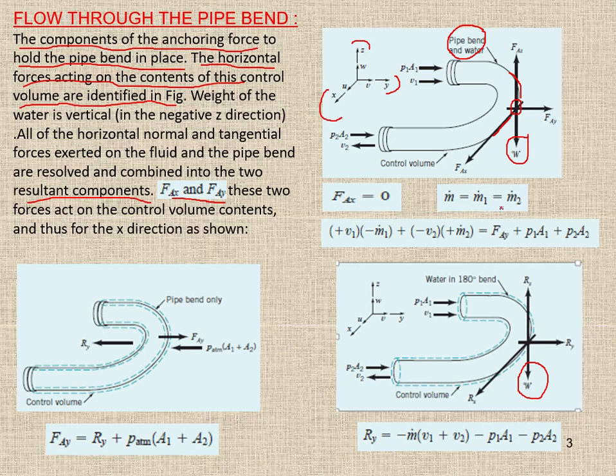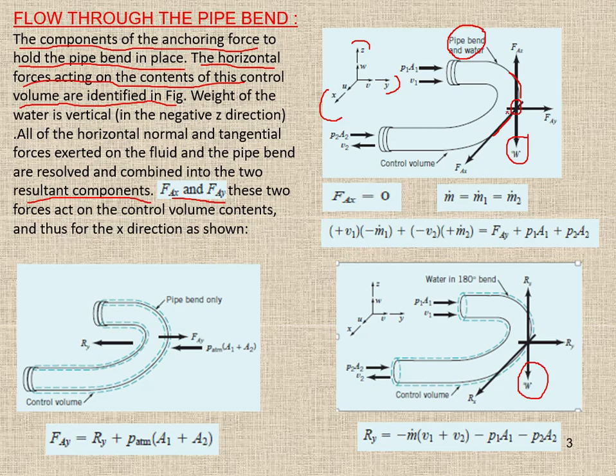The mass flow rate is the same, because the diameter is not changing and we have one inlet and one outlet, so the mass flow rate is not changing. Second, this is the equation for the y component.